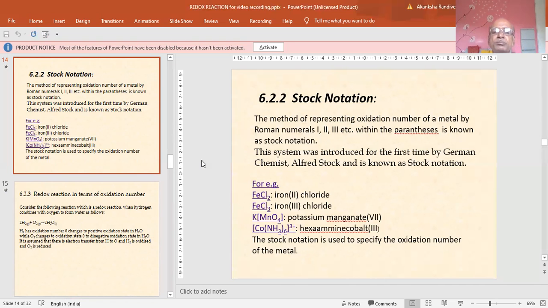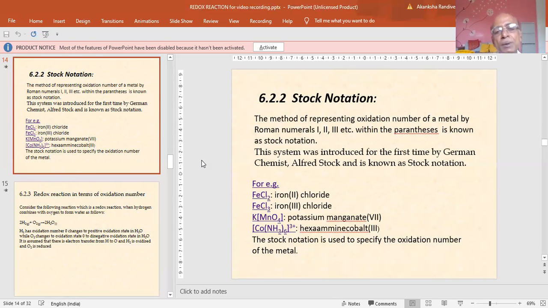Chlorine is a non-metal, and this ferrous chloride, this is a compound. Now, in case of ferrous chloride, the stock notation can be written according to the method as already we have explained. That is representing oxidation number of metal by numericals, Roman numericals, 1, 2, 3, etc. within the parenthesis. And this is called as a stock notation.